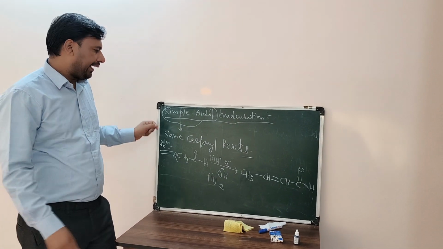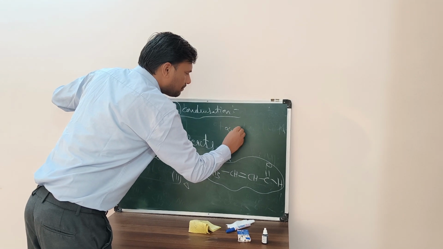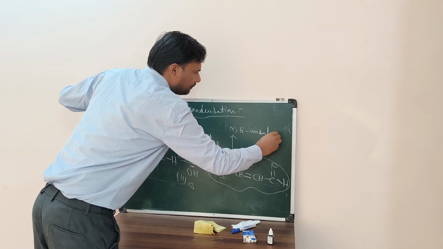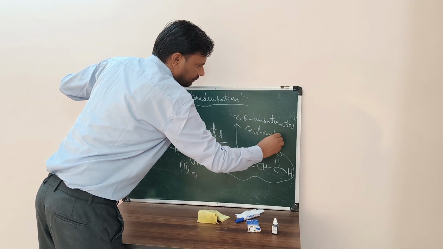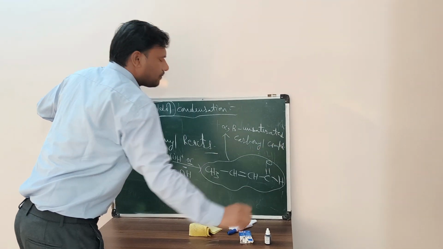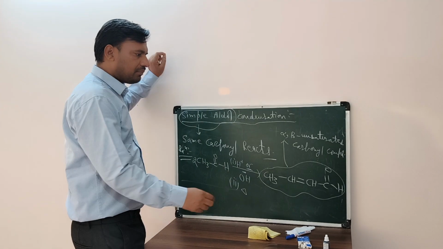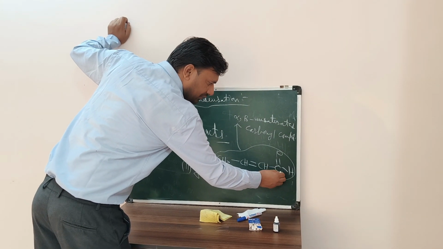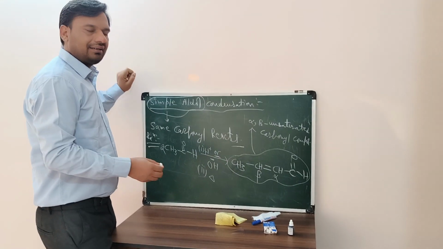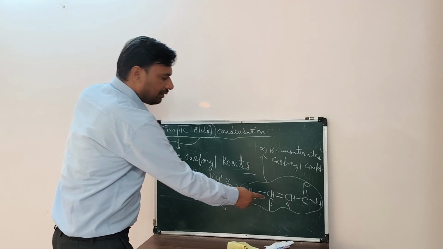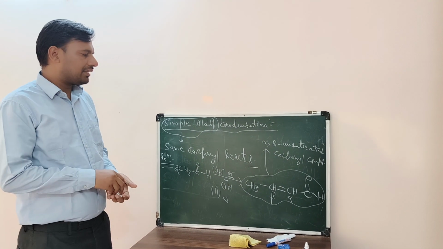So this is forming as an alpha beta unsaturated carbonyl compound. How is this an alpha beta unsaturated carbonyl compound? Whenever in any functional group the carbon beside it is present, that is alpha, near to that beta, near to that gamma, but here only alpha beta, and unsaturation is present, so alpha beta unsaturated carbonyl compound, alpha beta unsaturated aldehyde.